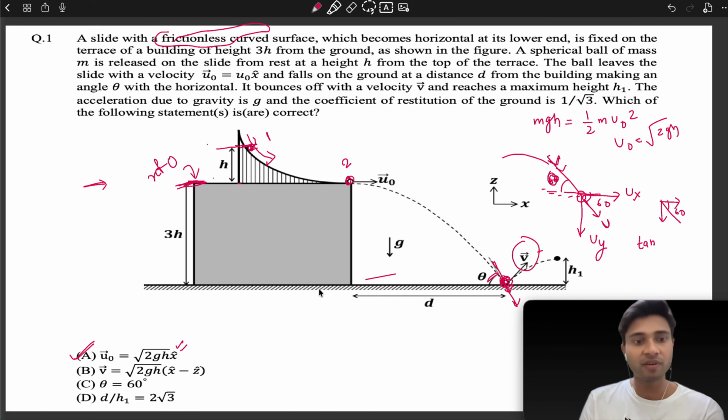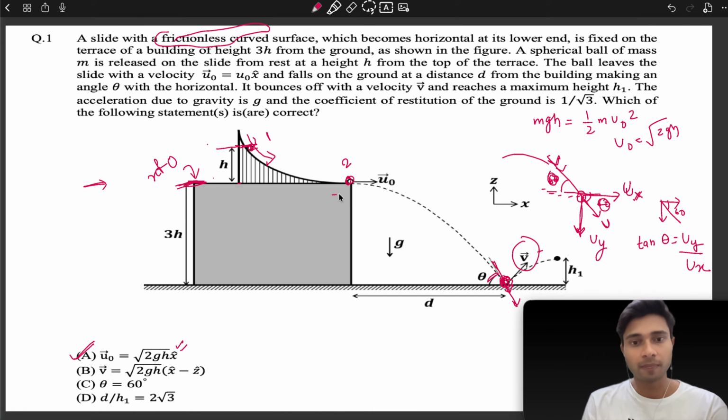We have to verify whether that angle was 60 or not. So tan theta is uy by ux. If this turns out to be root 3, we can say theta was 60. So we have to figure out the velocity in the vertical direction and the velocity in the horizontal direction basically.